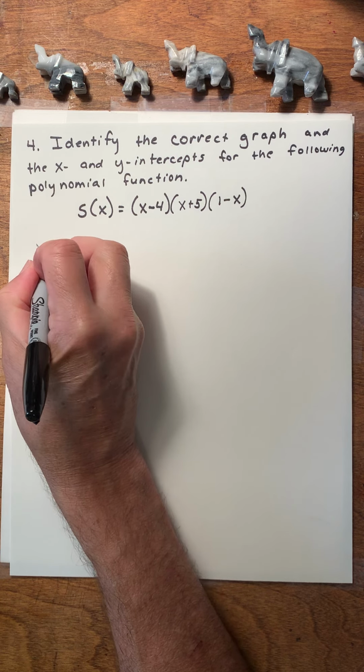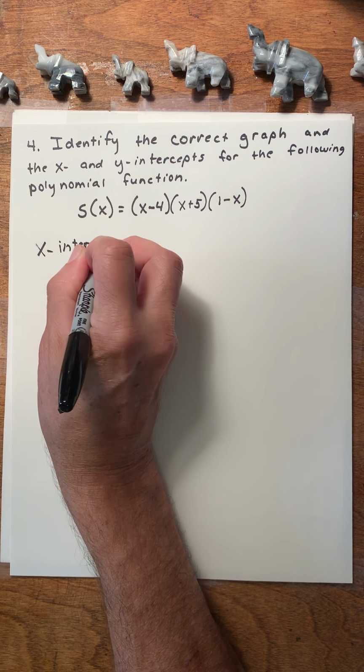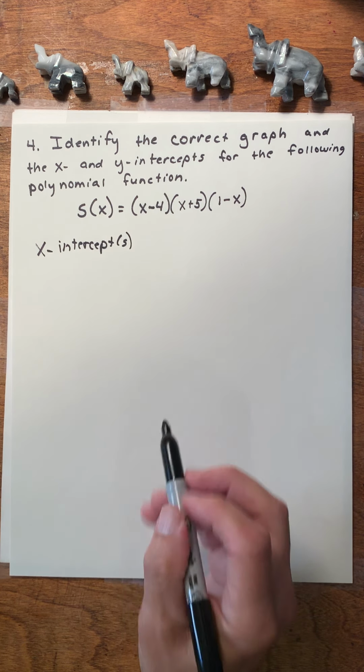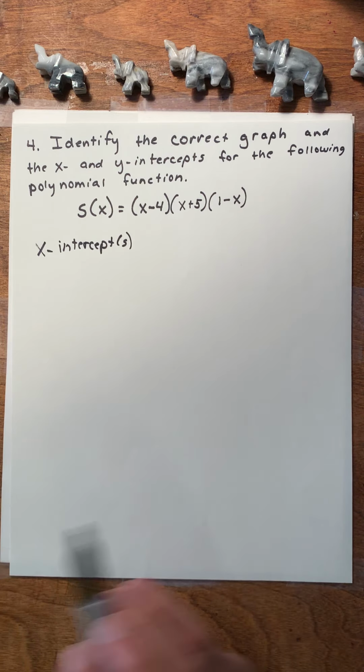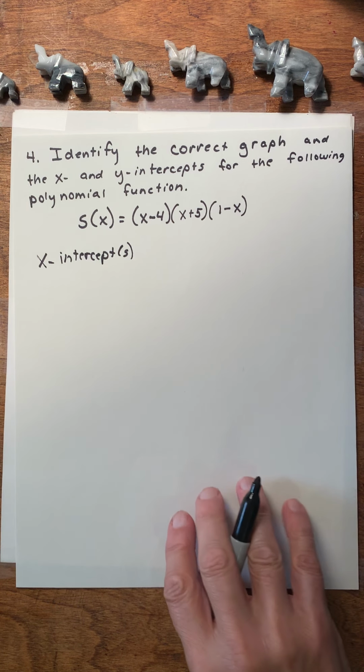All right, let's do the x-intercept first. And it could be more than one, and in fact, it is going to be more than one. And here's how we're going to find the x-intercepts.